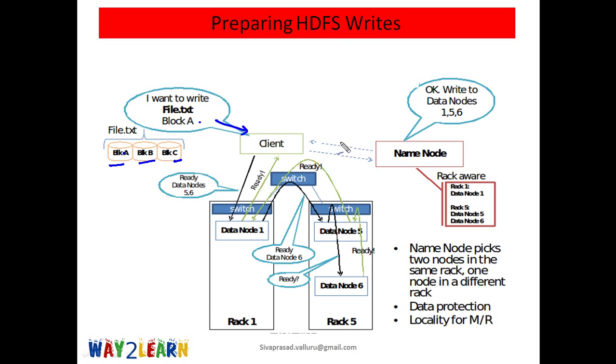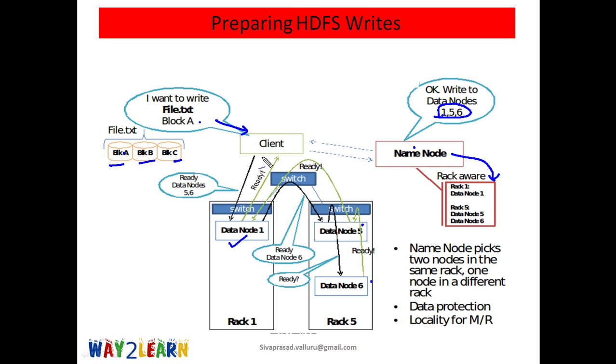It will ask the NameNode, hey, I want to write block A. Tell me in which data nodes to write block A. NameNode internally executes the rack awareness script, which will tell which data nodes are present in which racks. NameNode picks the data nodes belonging to different racks. That means it will pick one data node from a rack and another two from another rack, and then give the data node names to the client.